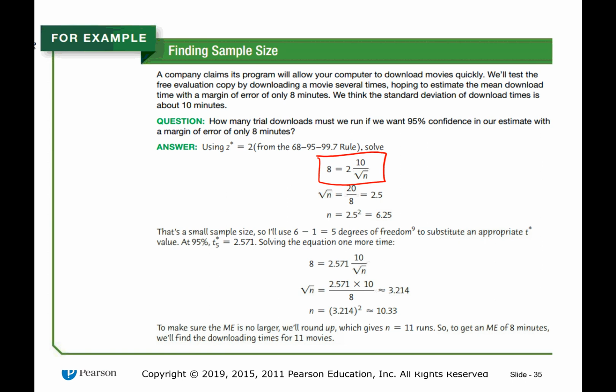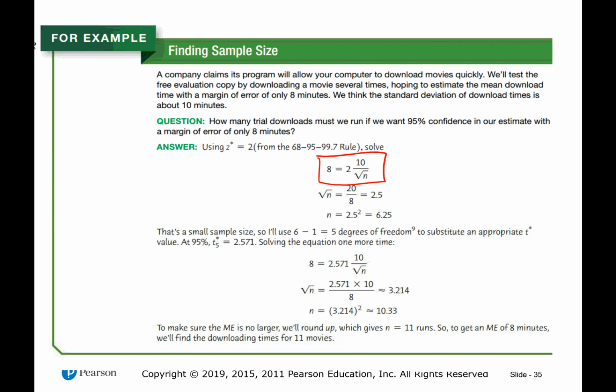So do the basic arithmetic there. We're going to take both sides and divide by 20, take the reciprocal, and then square it. So n turns out to be 6.25. Well, how can you download something 6 1/4 times? That's kind of small.